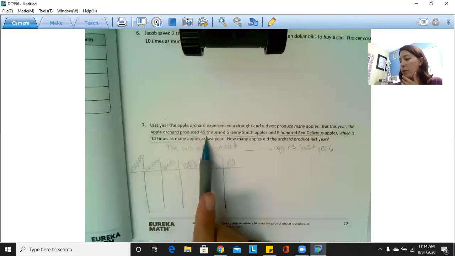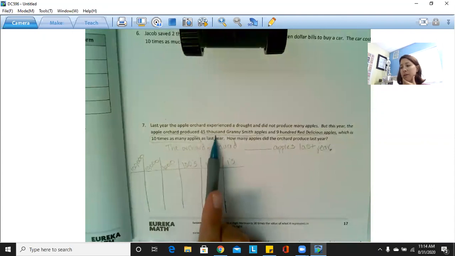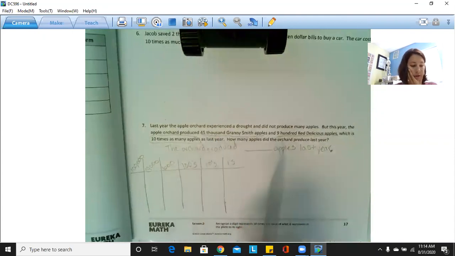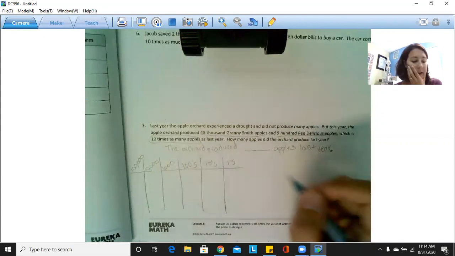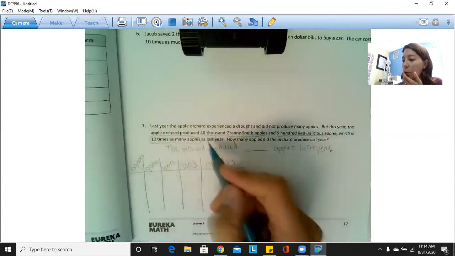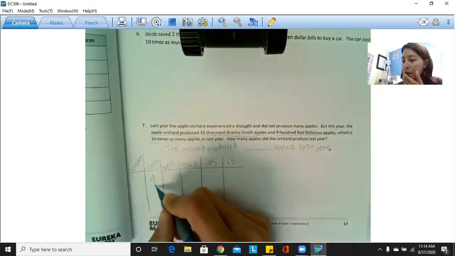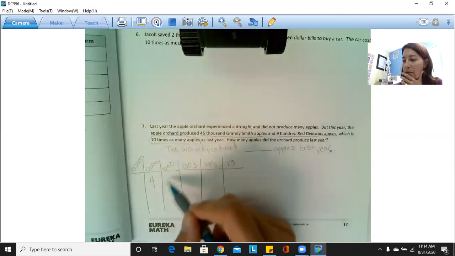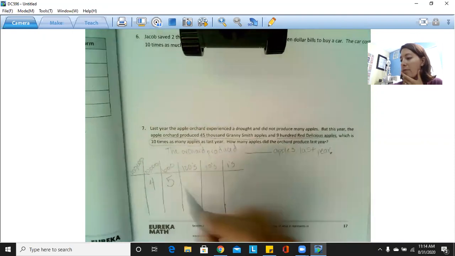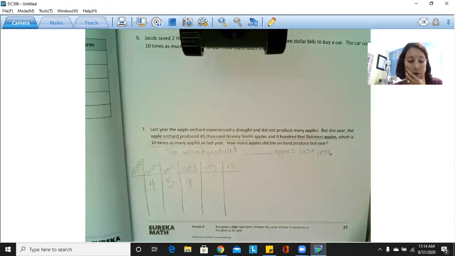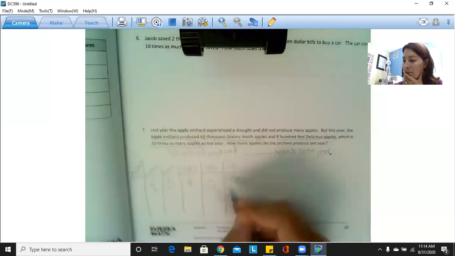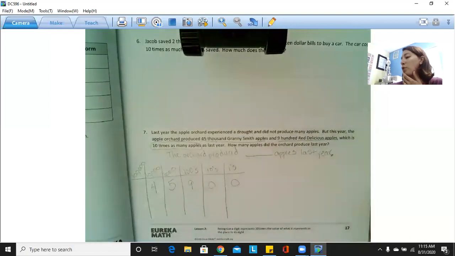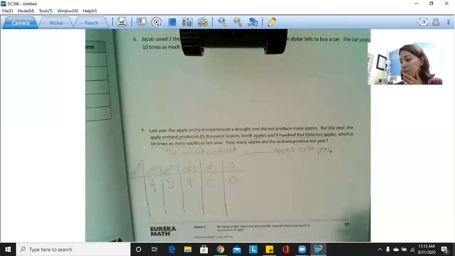So let's think about what that would look like on our place value chart. 45,000. That means I have 4 10,000s. I have 5 thousands. And I have 9 hundreds. That's how many apples were produced this year.